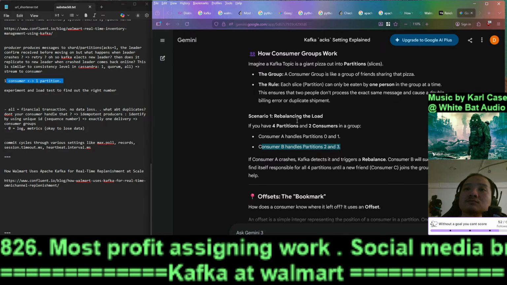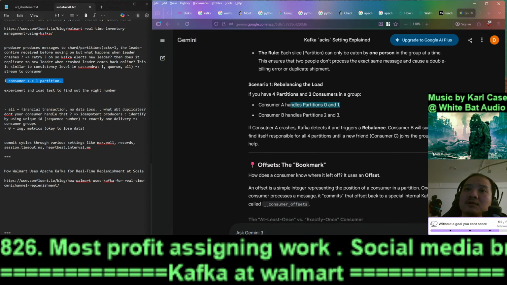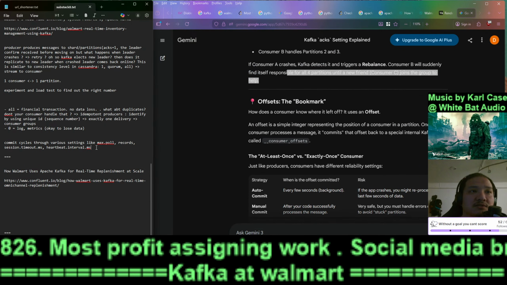Oh, so it just round-robins to consumers depending on your partition. Okay. Consumer A crashes, then B handles them, instantly failing over. Okay. So basically this is also having consistent hashing behavior.